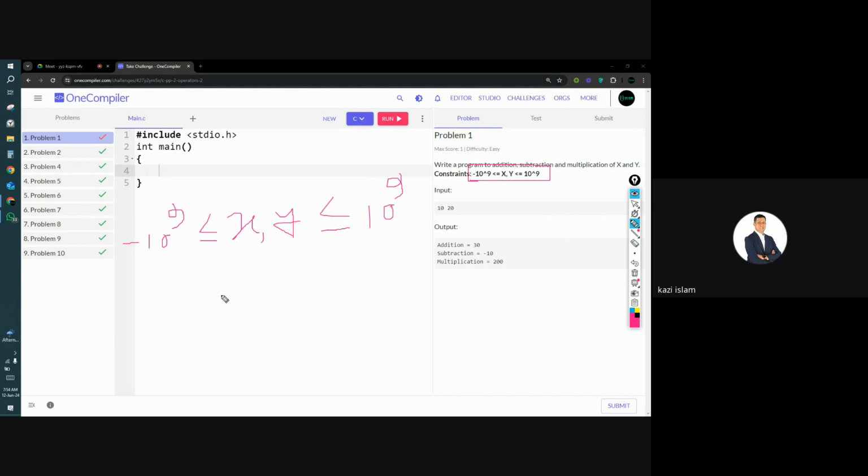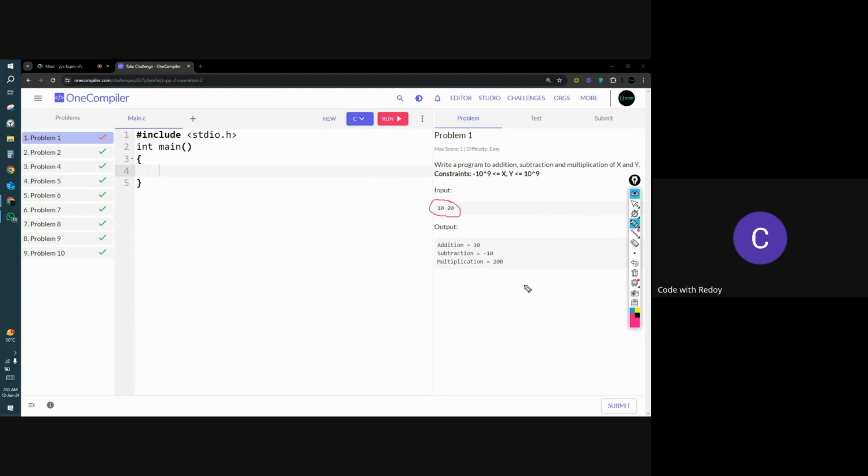Minus 10 to the power of 9. This range is for which data type? Integer or long long? Integer. That means we can say now that x and y are integer type.